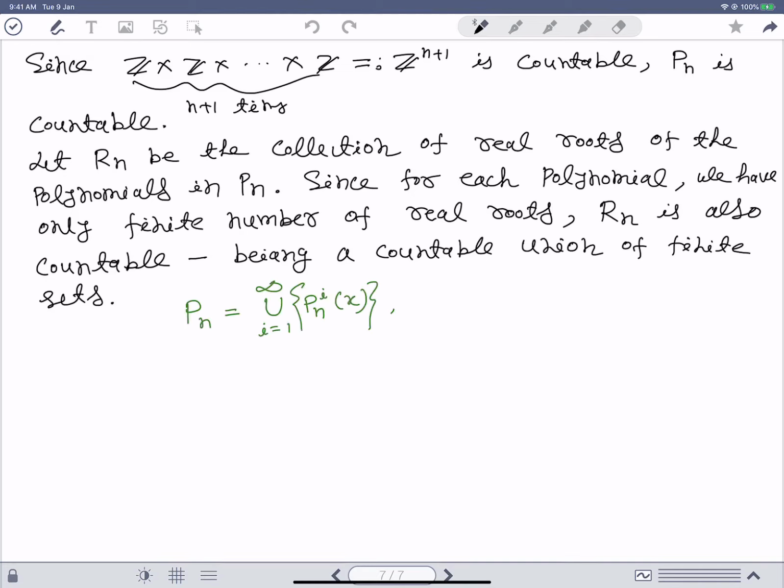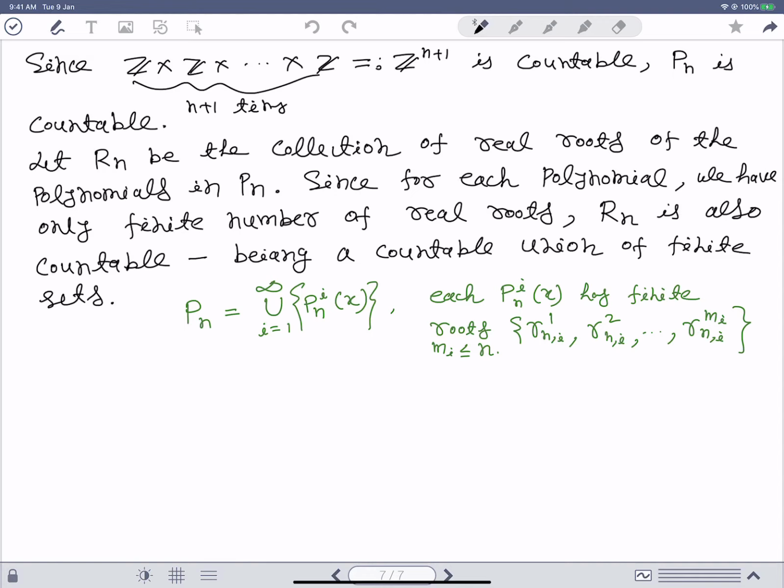So for example, suppose Pn equals the union over i equal to 1 to infinity of Pn,i(x). We know that Pn is a collection of polynomials of degree at most n with entries from Z, so this is a countable collection, where each Pn,i(x) is a polynomial. Now each polynomial has a finite number of real roots.